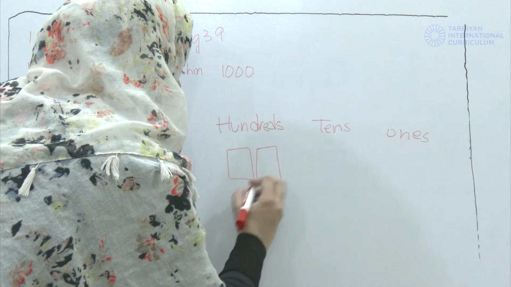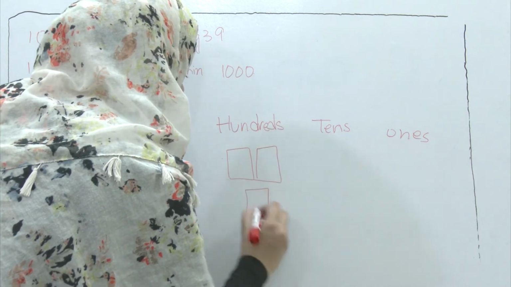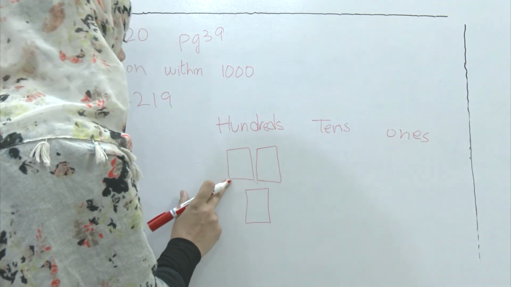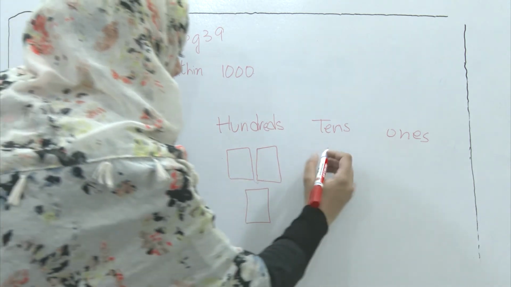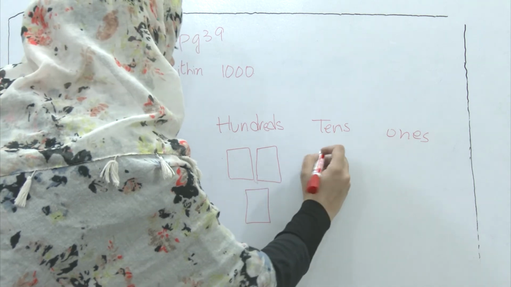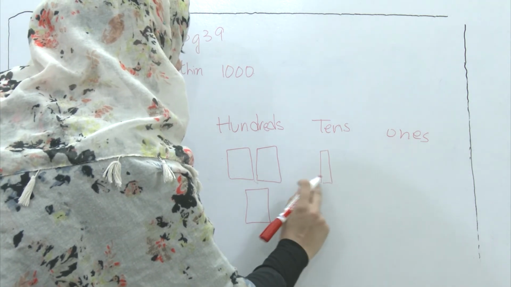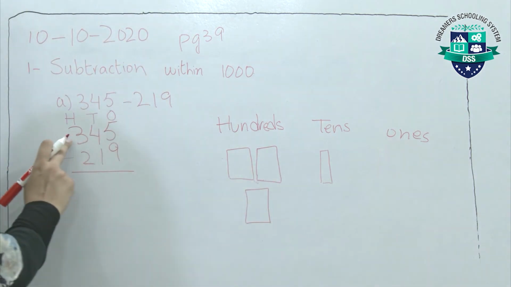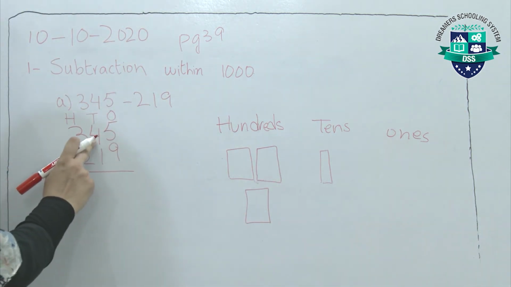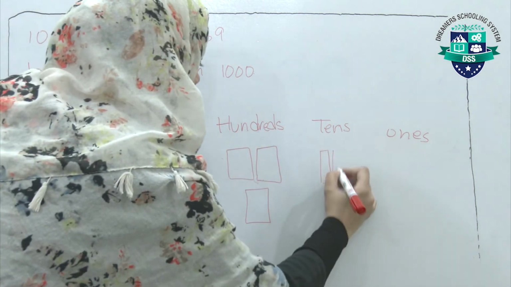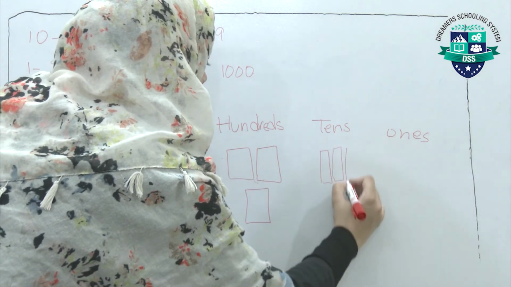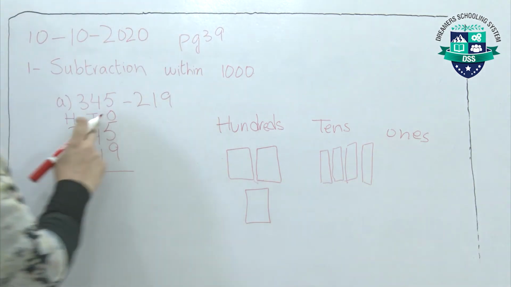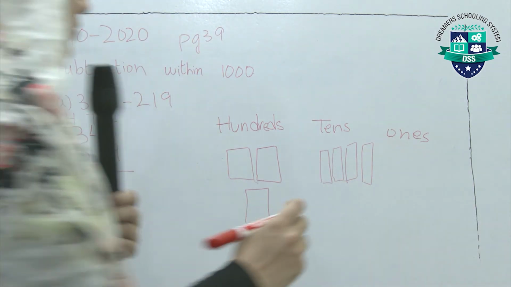Now class 2, you remember very well that in one block there are 100 units, and in tens there is 10 in one block, right? So we have 3 hundreds, 4 tens. I will draw 4. 1, 2, 3, and 4. And how many ones? 5.